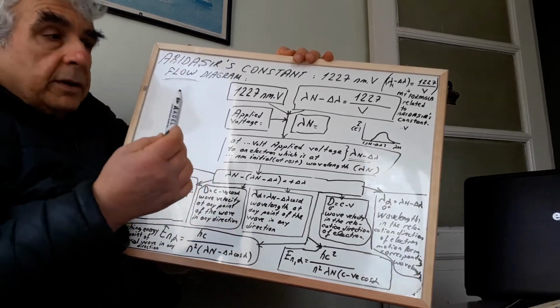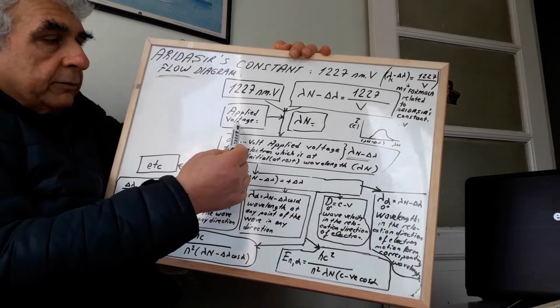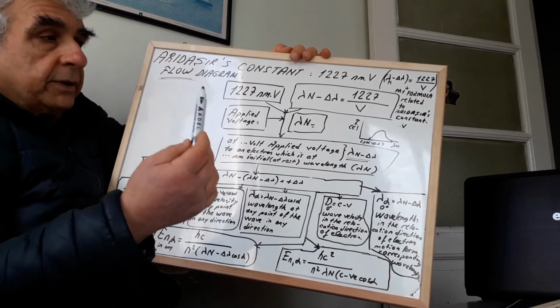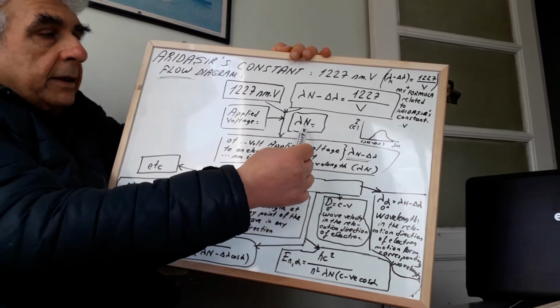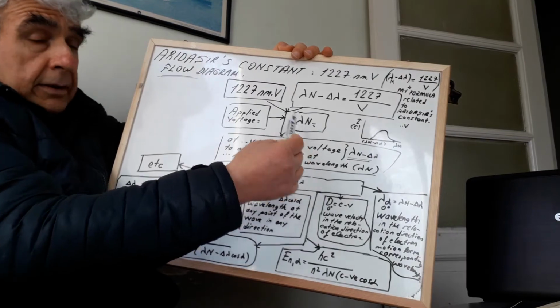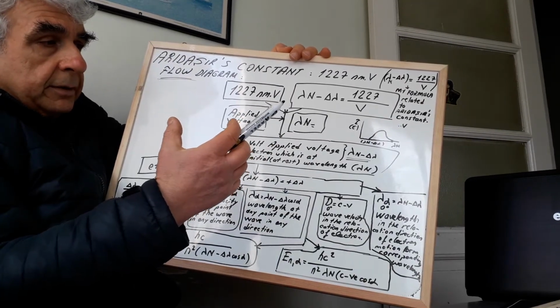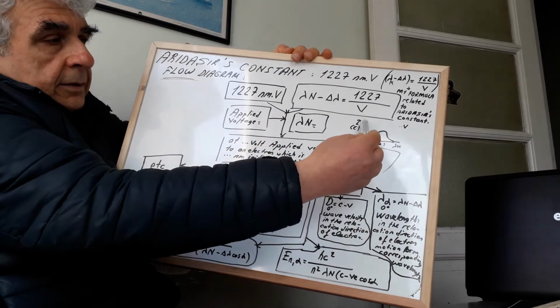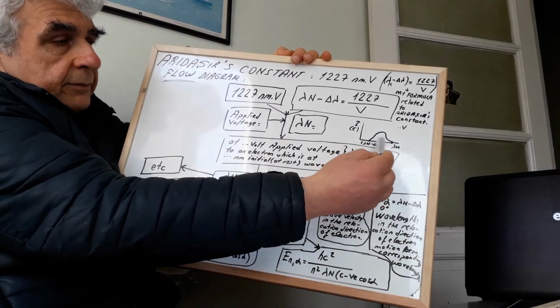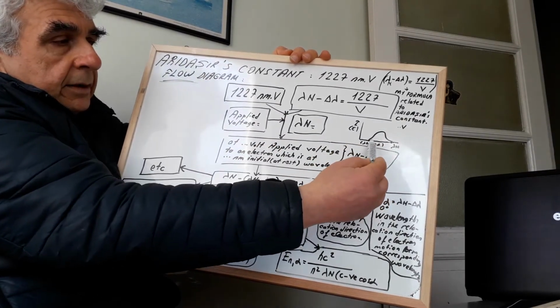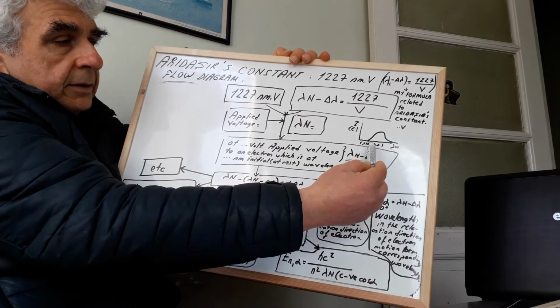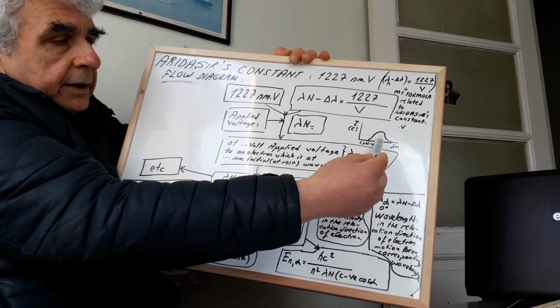If we know the applied voltage and if we know lambda n, the electron motion form's initial wavelength, here, remember this graph, lambda n here, lambda n minus delta lambda.